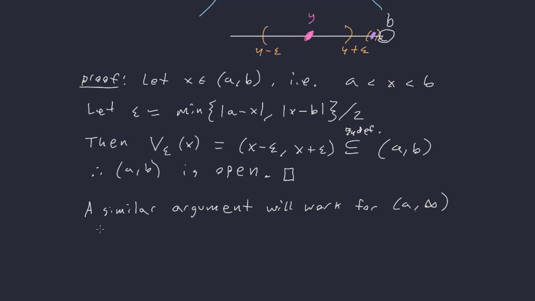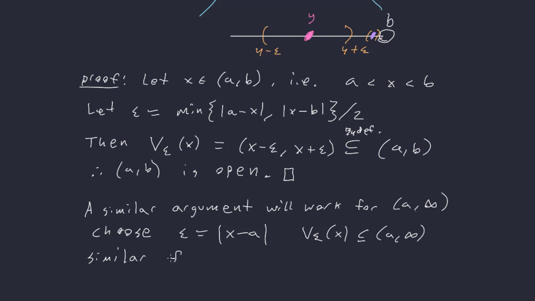You would just choose epsilon to be the distance between x and a. And you can get the epsilon neighborhood within this interval. And then similar for negative infinity to B.